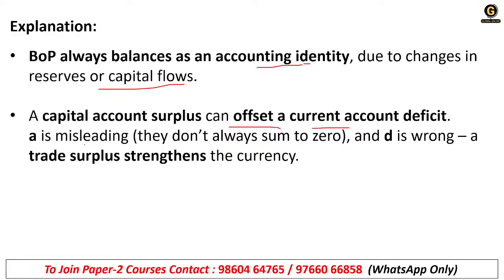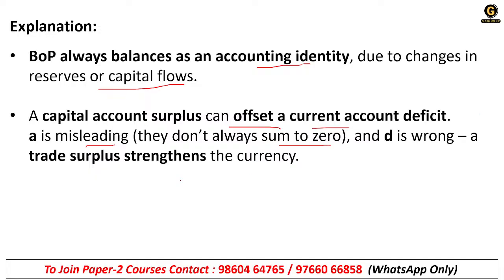Option A is misleading. How? They don't always sum to 0. When we have a current account and capital account, it is never 0, as I said. The sum of these two components will never be 0.